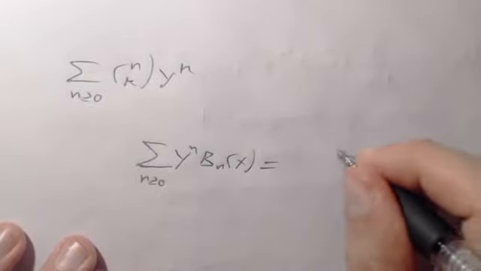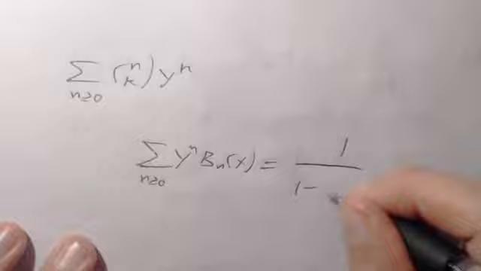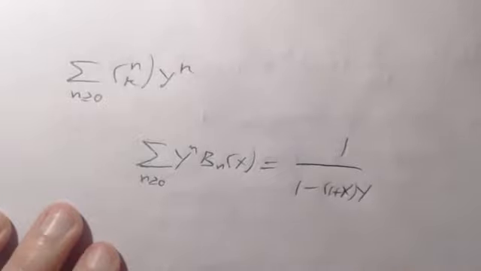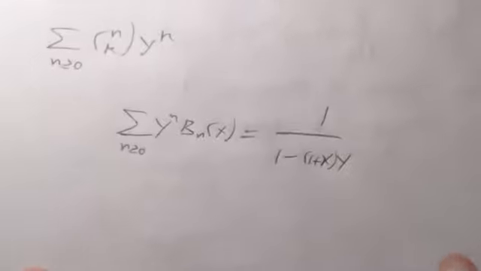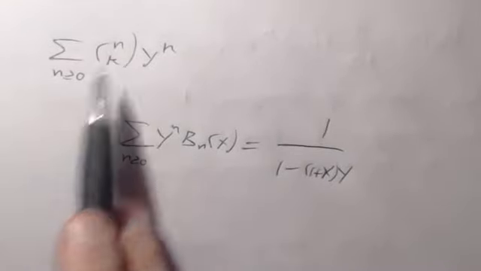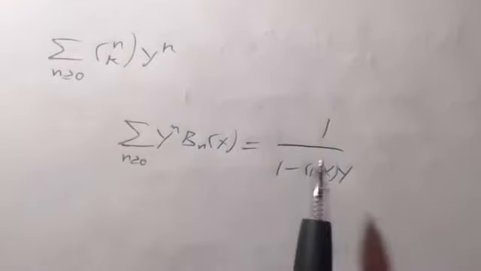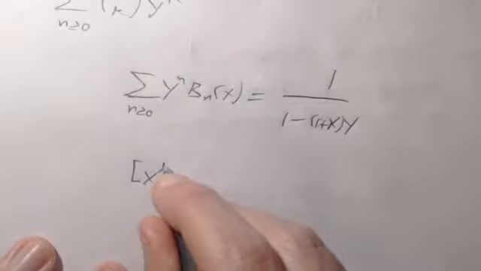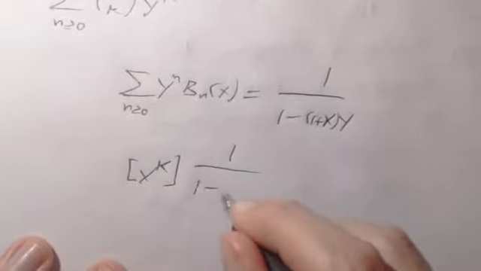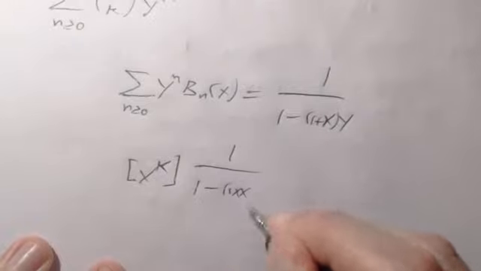This, we had calculated that this was 1 over 1 minus (1 plus x) y, and that this thing here was the x to the k coefficient of this thing, and so we were playing with this term here.